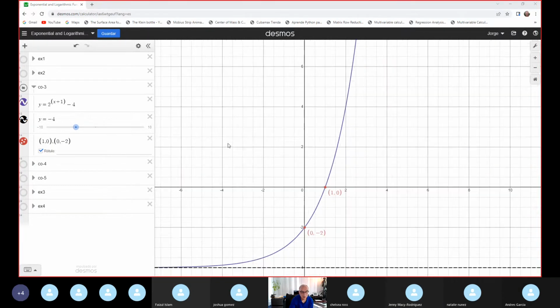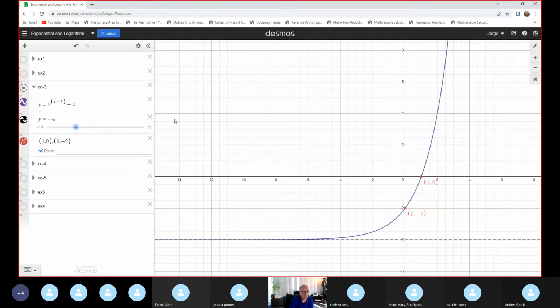Look, this is my curve, my exponential. You see that the base is 2. We have two transformations. The -4 is a vertical shift, 4 units down. Therefore, the classical horizontal asymptote that we have in any exponential function at y equals 0 is now at y equals -4.